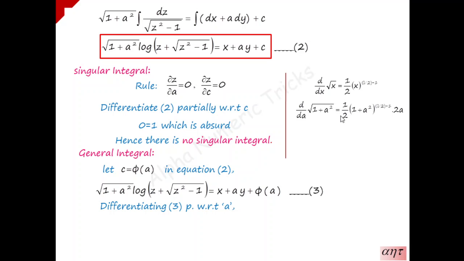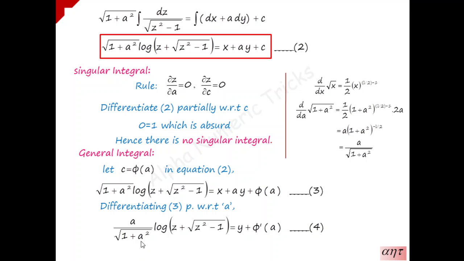That can be written as half into 1 plus a square power half minus 1 into the differentiation of 1 plus a square with respect to a, which is 2a, because the differentiation of 1 with respect to a is 0 and of a square with respect to a is 2a. This 2 gets cancelled, and half minus 1 is minus half, so 1 plus a square whole power minus half is taken to the denominator. It becomes plus half and it is a root. So a by root of 1 plus a square is the differentiation of root of 1 plus a square.